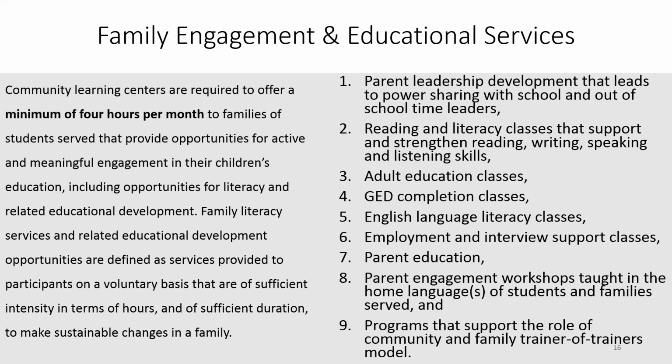So things like leadership, reading and literacy, GED, English language classes, employment, education, engagement workshops that are taught in the home language, and programs that support the role of the community and family, maybe a train-the-trainer model to empower parents and families.